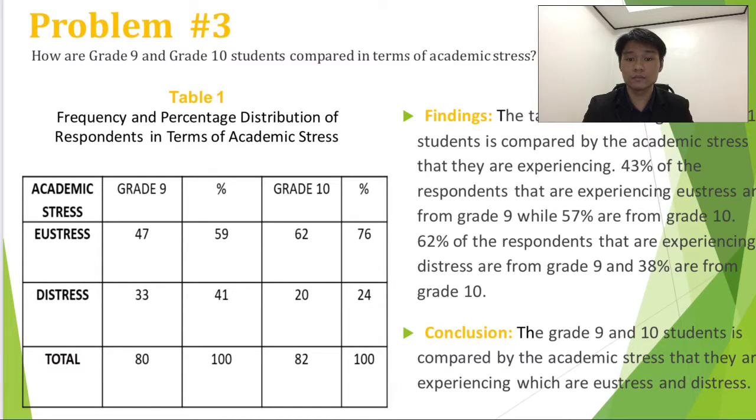For findings, the table shows that the grade 9 and 10 students are compared by the academic stress that they are experiencing. 43% of the respondents experiencing eustress are from grade 9, while 57% are from grade 10. 62% of respondents experiencing distress are from grade 9, and 38% are from grade 10. For the conclusion, the grade 9 and 10 students are compared by the academic stress that they are experiencing, which are eustress and distress.